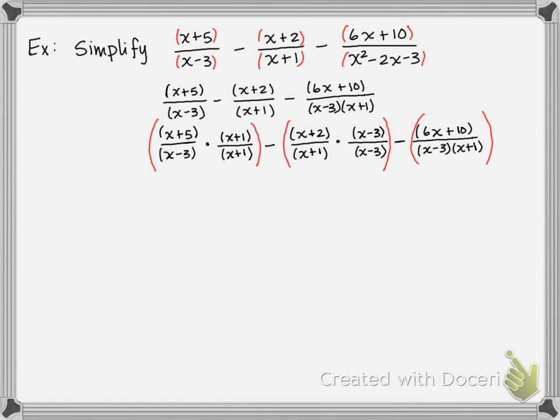Since this guy has both an x minus 3 and an x plus 1, then the rest of them have to have both an x minus 3 and an x plus 1. And so that first fraction needed a factor of x plus 1, and the second one needed a factor of x minus 3.